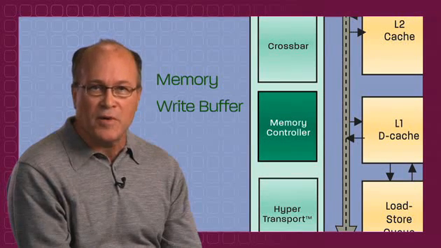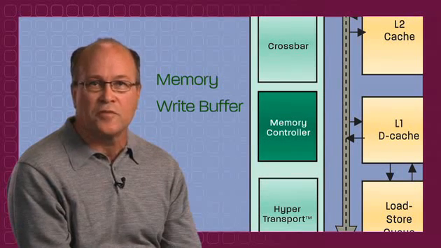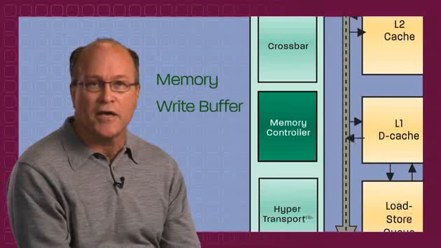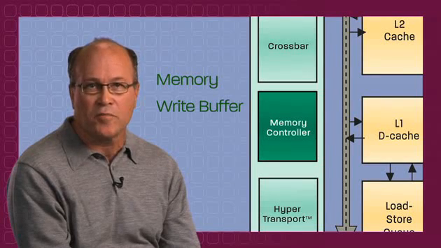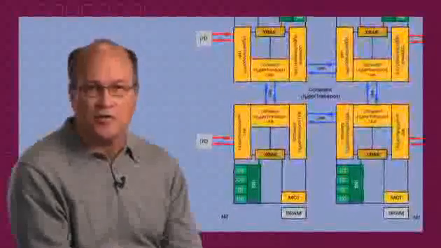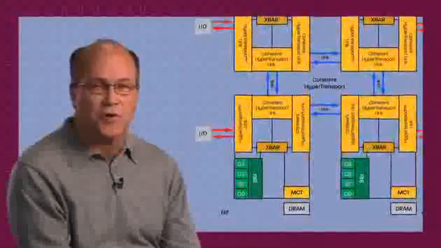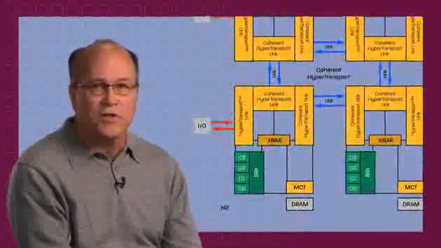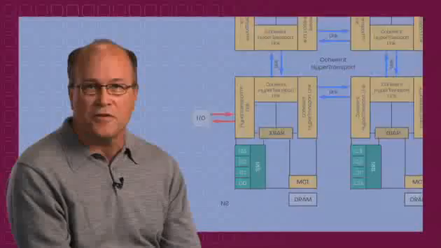The internal memory write buffer permits all writes to be accumulated so you won't have as many direction switches in the RAM protocol. And of course, the third generation AMD processor has HyperTransport technology, which grabs memory blocks faster and permits glueless multiprocessing. We'll go into details on all that I've sketched in the chapters that follow.